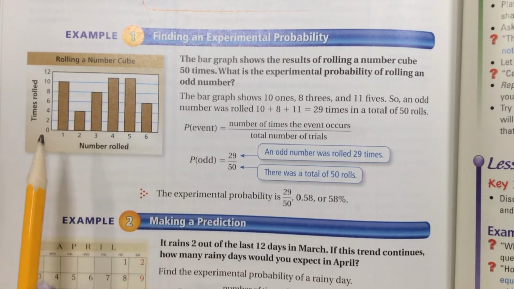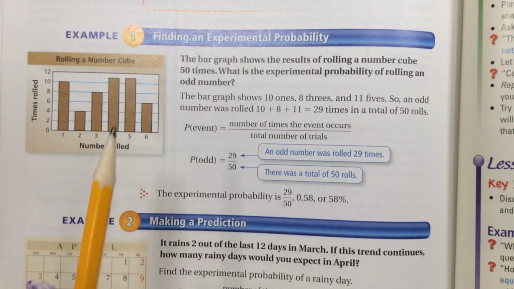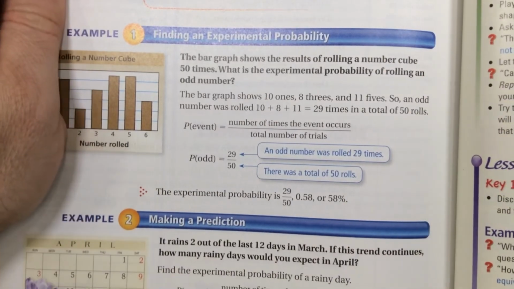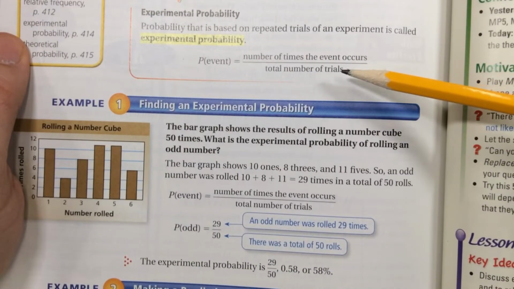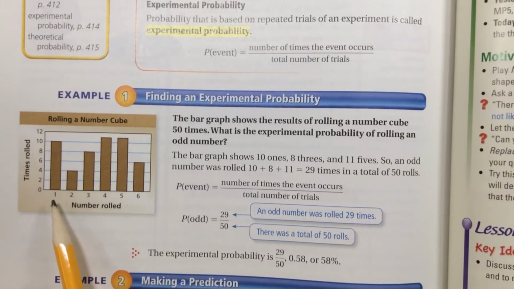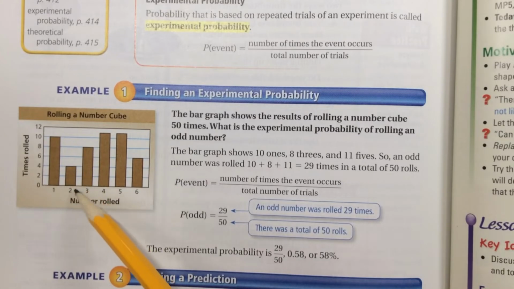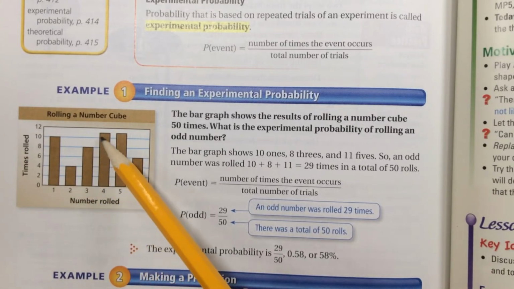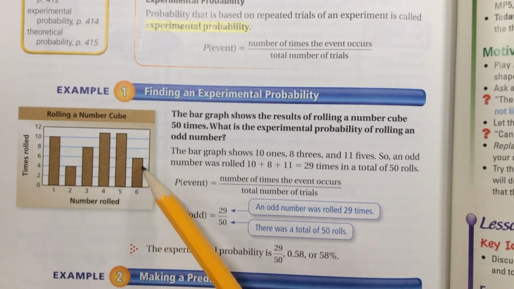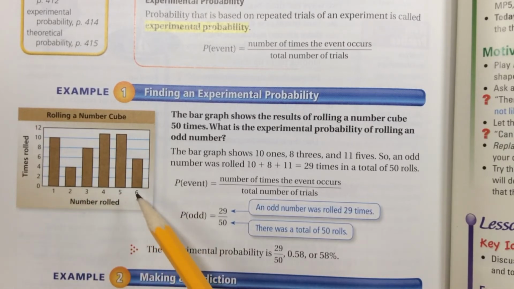So they did not roll all of the numbers evenly, and we do need to figure out how many times they rolled the number cube. That's very important because that'll be the denominator of our experimental probability. Now you could go over here and count all these up. Here are 10 plus 4 plus 8 plus 11 plus 11 plus 6. If we add all those up, we get 50.